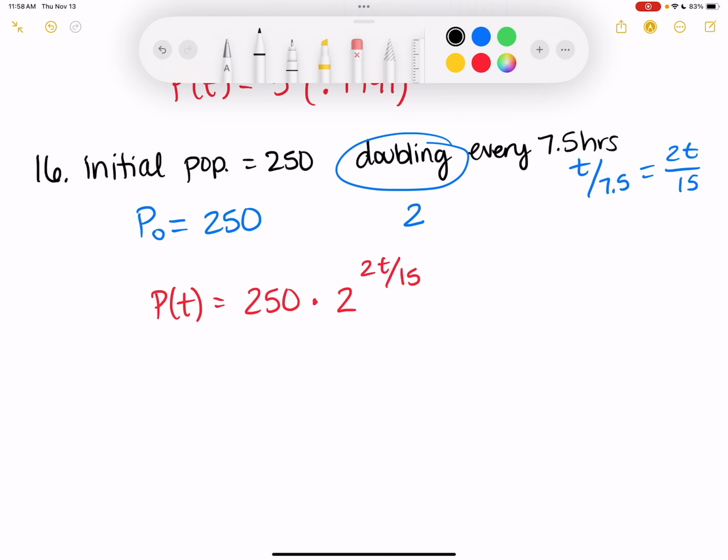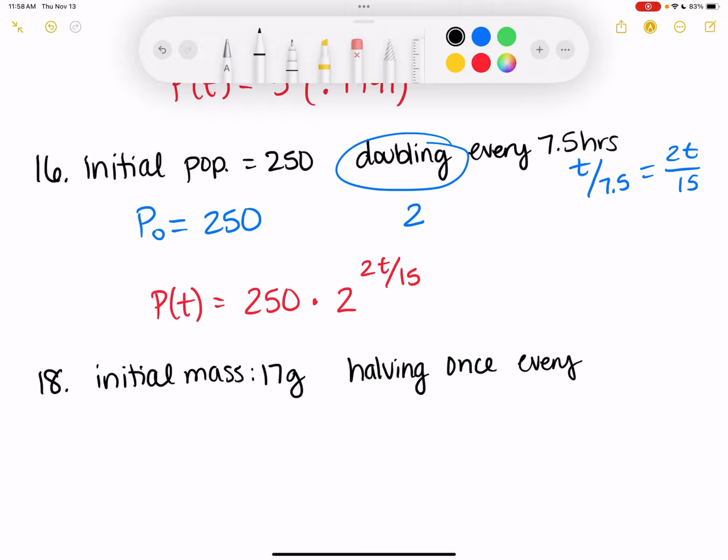All right, 18. Initial mass is 17 grams, and it's halving once every 32 hours.